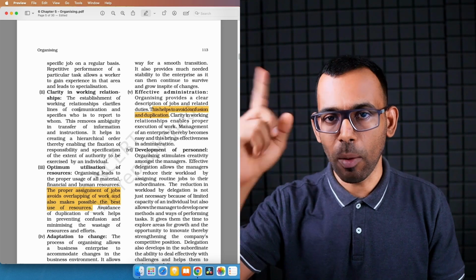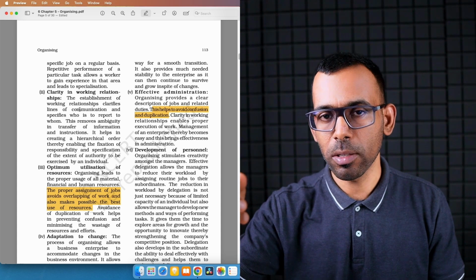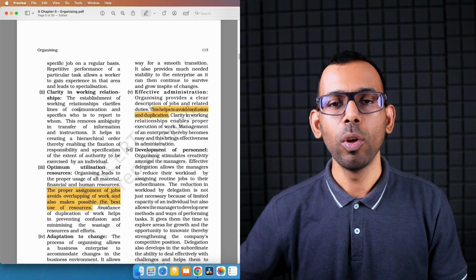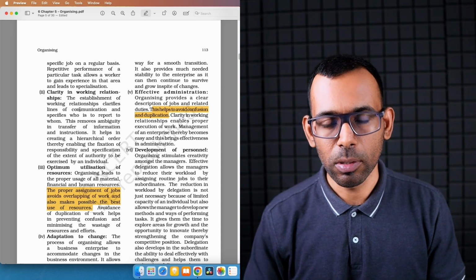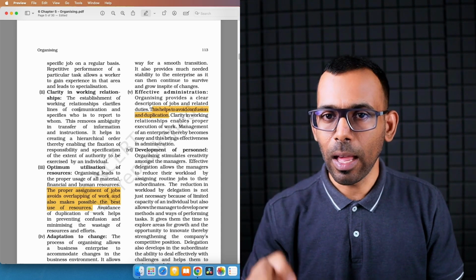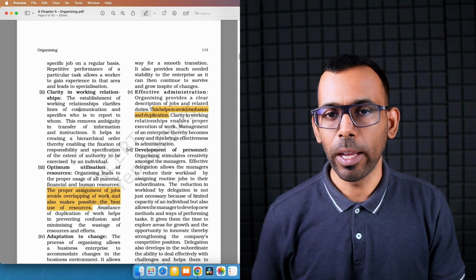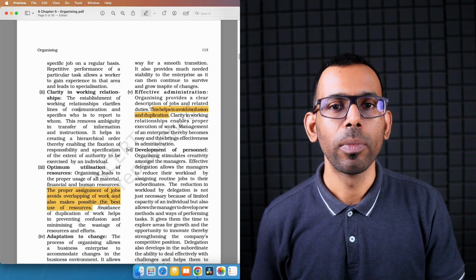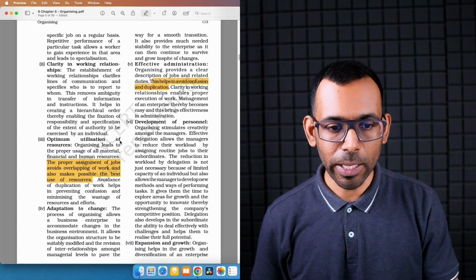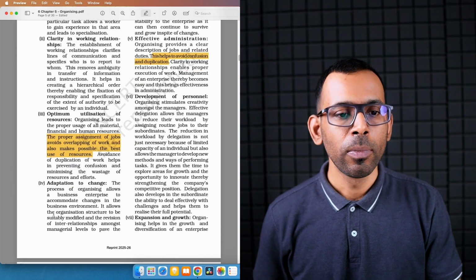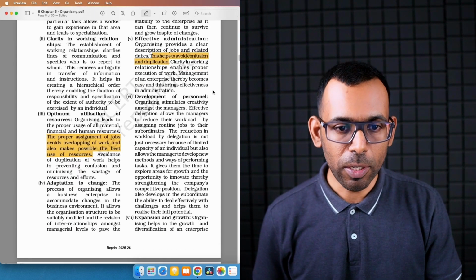I know I should approach my senior boss, the deputy manager, and these officers know they should approach me only, who was almost like their boss. So clarity in working relationships helps you avoid duplication, and it helps better performance of tasks. Okay, let's move on to the next segment, which is development of personnel.